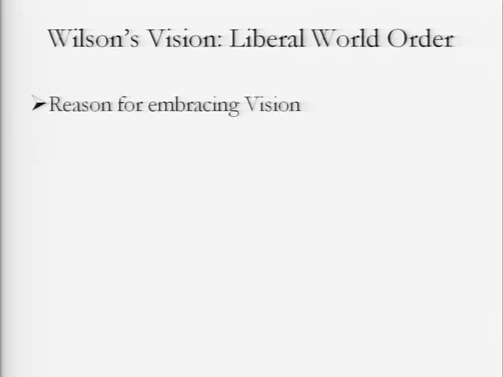Now, why does he embrace this vision, right? And particularly, when he goes out to the American people and tries to sell this plan, he can present it a number of ways, but he's ultimately trying to get the American people to embrace this, okay?